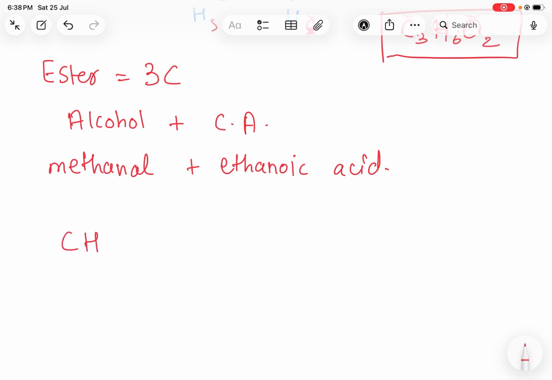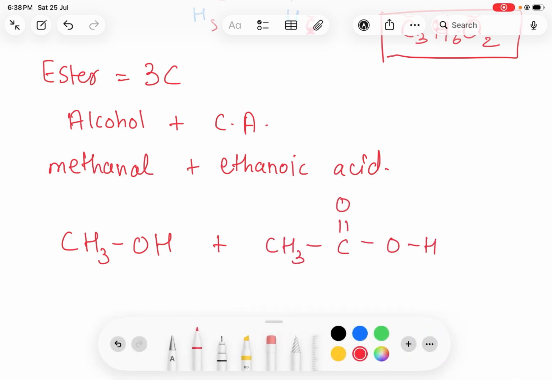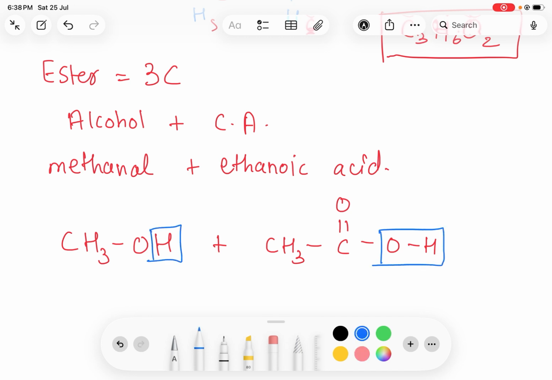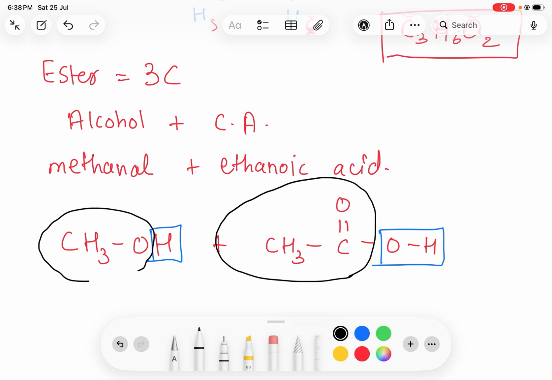I have CH3OH plus CH3C double bond OOH. Now from here again I have to remove hydrogen from alcohol, OH from my carboxylic acid. Then draw the remaining part as it is.